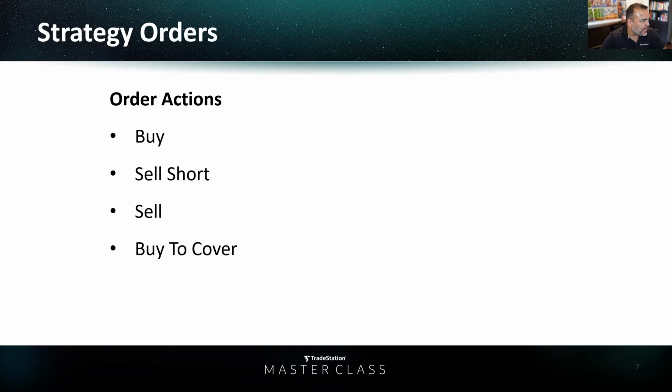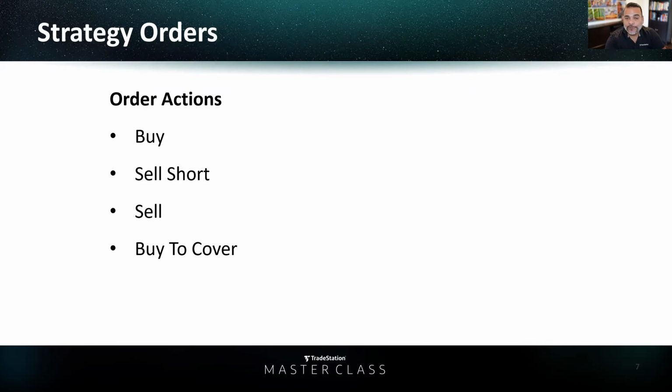I'm not sure if there's any futures traders here in class, but if you're going to be selling short a futures contract, you just usually say sell. I'm going to sell a contract, and that means that you're short. But when it comes to EasyLanguage, the word sell, just by itself, does not open up a short trade for you.